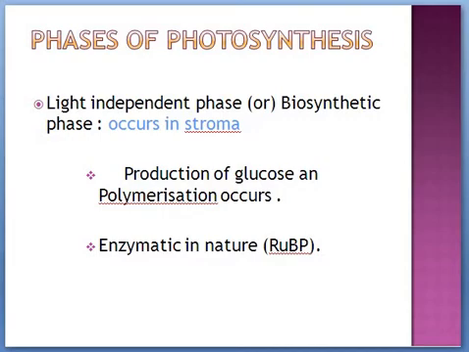Formation of a large or complex molecule, in bracket you can write starch, from several small glucose molecules. And one more condition at the time of polymerization: by the addition of each and every glucose molecule, one molecule of water will go out.